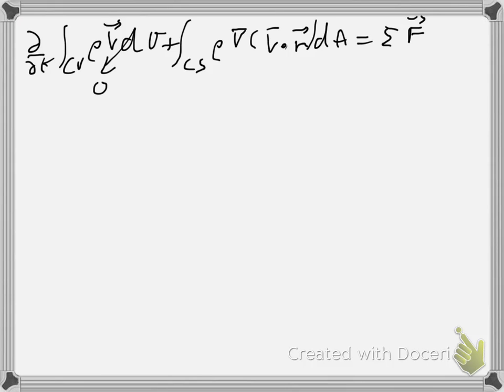Because the flow is steady, the first term is equal to 0. The flow is also frictionless, so there is no friction at the bottom.